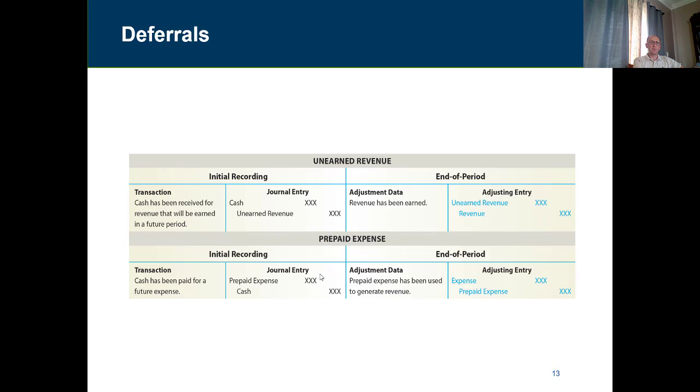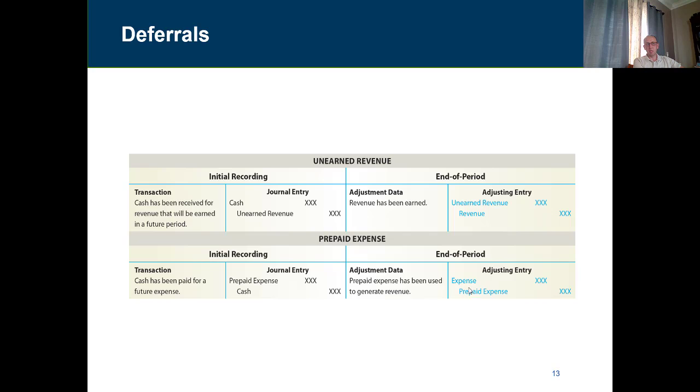What if we are the ones receiving the service? So it's an expense. We paid in advance. So cash has been paid for a future expense. So at the time we pay the cash, that's a real transaction. It's not an adjusting entry. So we debit prepaid expense and then we credit cash. And then later on, we need to make an adjustment because we've used this prepaid expense. So prepaid expense has been used to generate revenue.